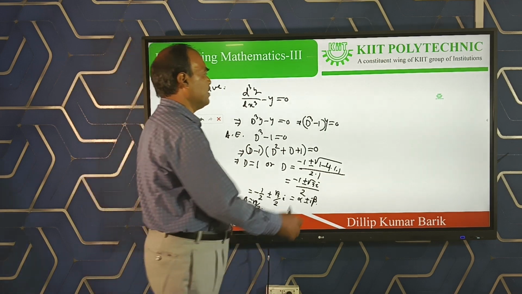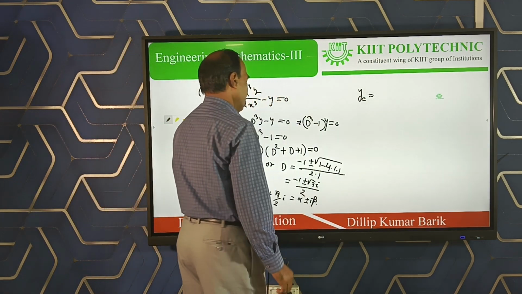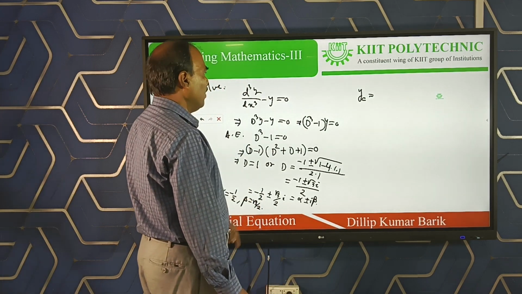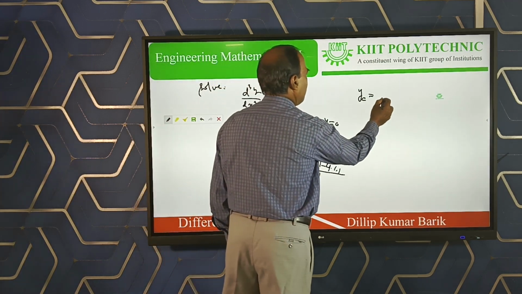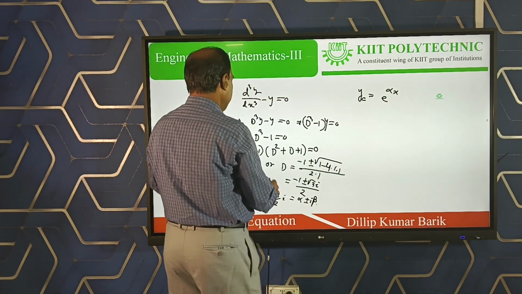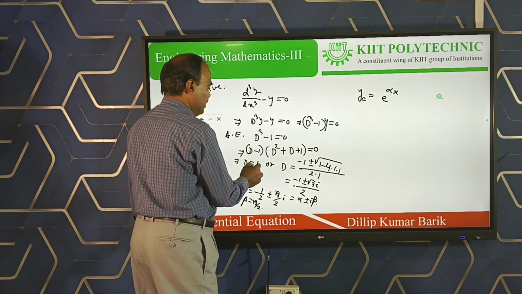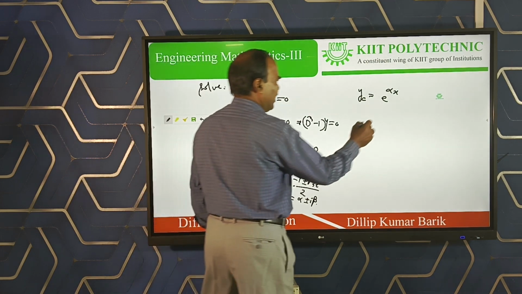Similarly, using case 3, the complete solution or final solution is e to the power alpha x, because D here is 1, and the other D is complex; this is one real root.